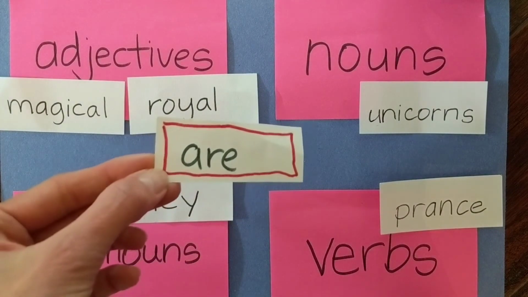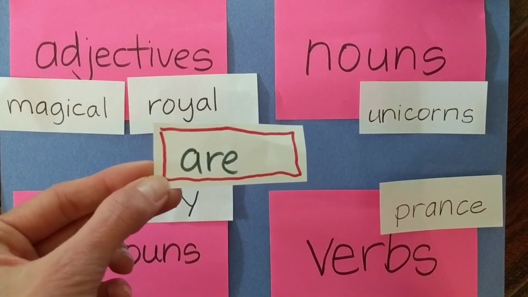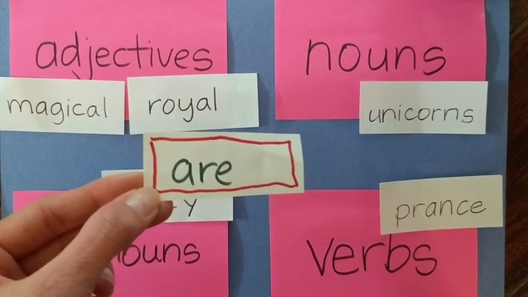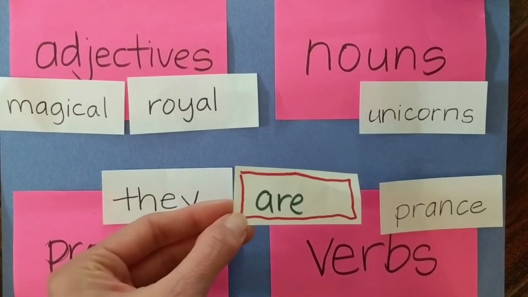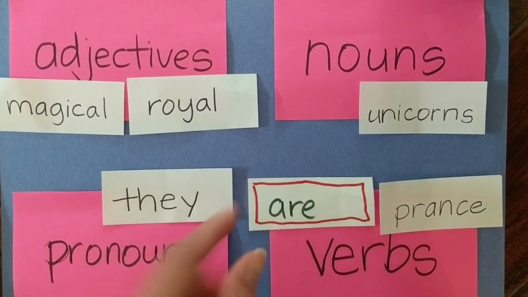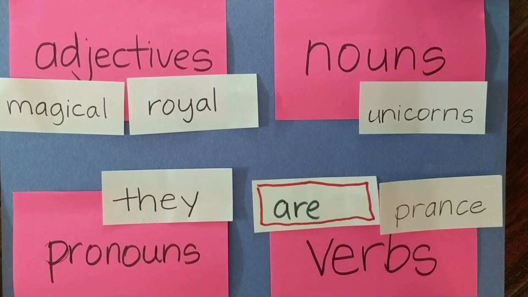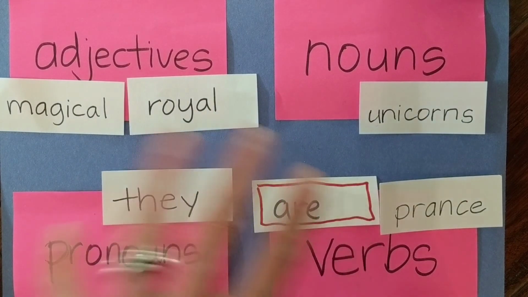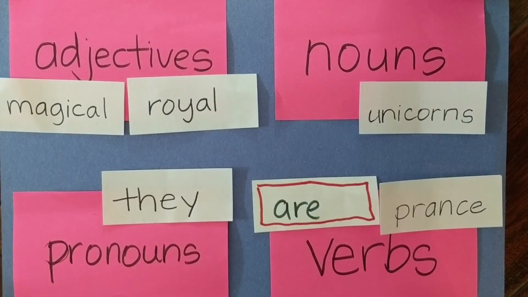And our last word, are. Remember, are is one of those special words that's always a verb that we learned from lesson number 4. So that was our last step to sort the words from the sentence that we just put together.